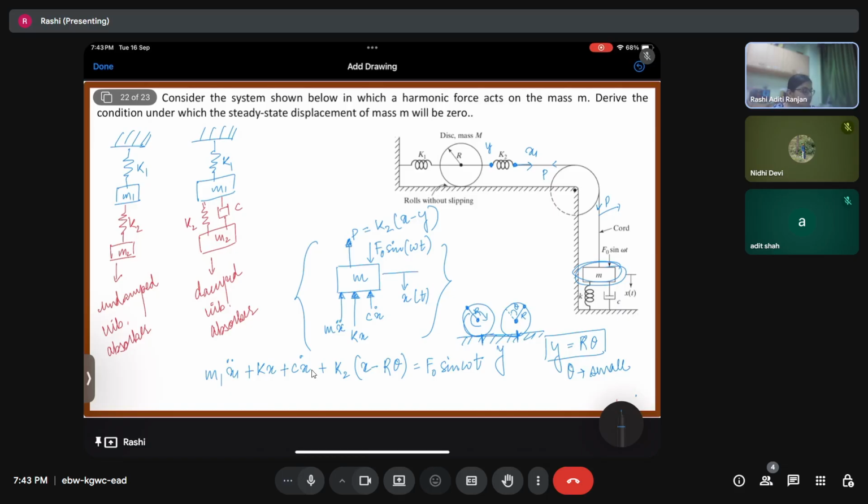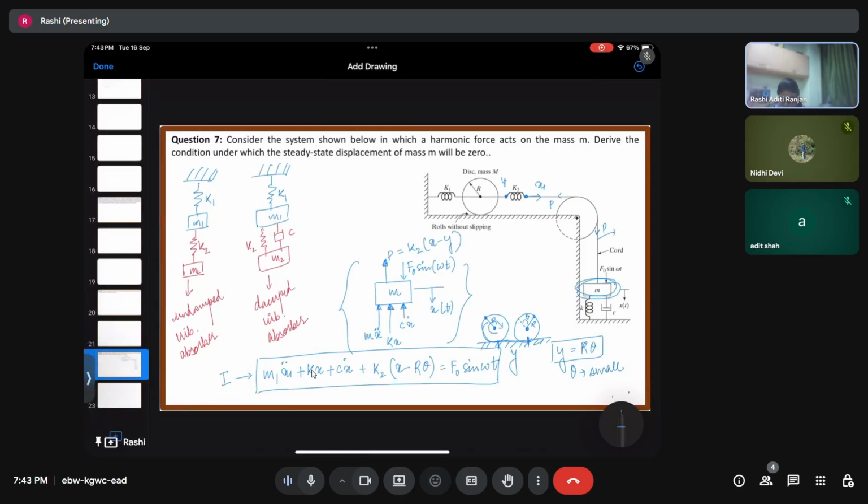I'll just cross check once. Yeah, perfect. So this is the first equation. Let us call it 1.